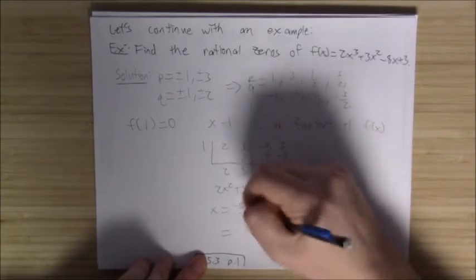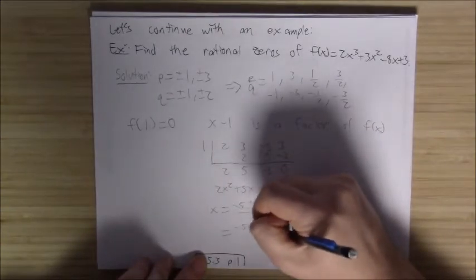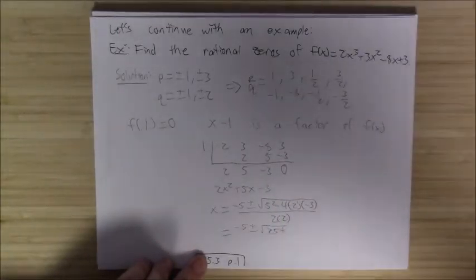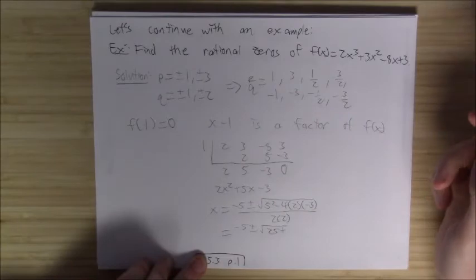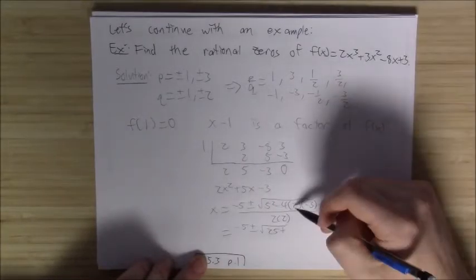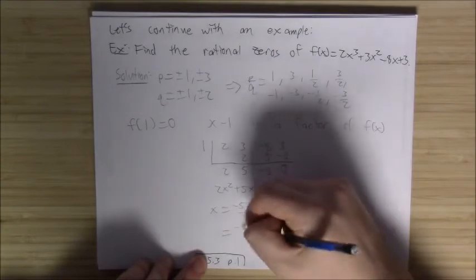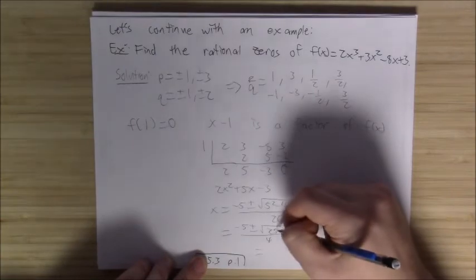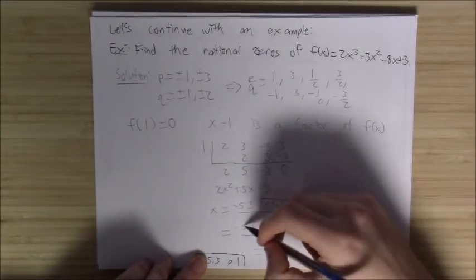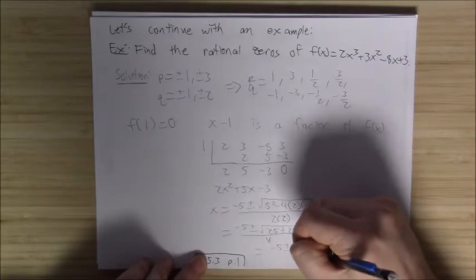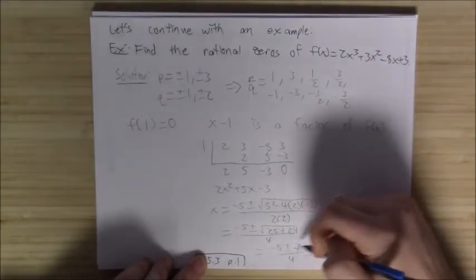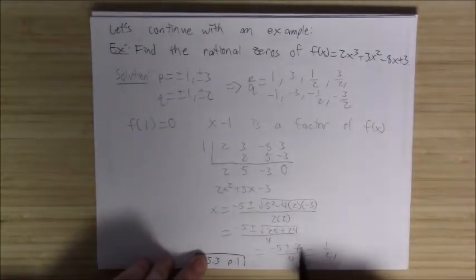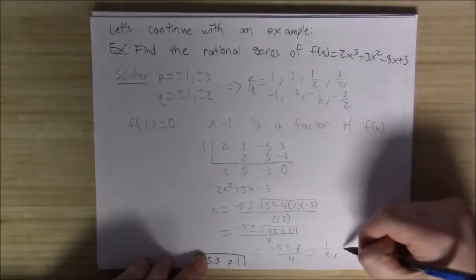We end up with negative 5 plus or minus the square root of 25 plus 24, all over 4. That's 49, which is a perfect square, so 7. Negative 5 plus or minus 7 over 4 gives 2 possibilities. If we add the 7, we get 2 over 4, which is 1/2. If we subtract the 7, we get negative 12 over 4, which is negative 3.